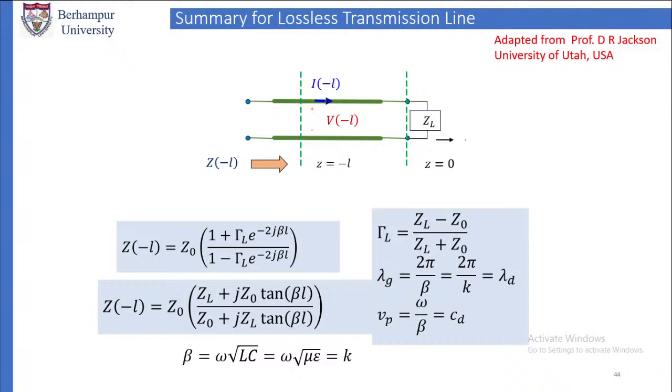Therefore beta is equal to omega root LC is equal to omega root mu epsilon, that is equal to K. K is the wave number.